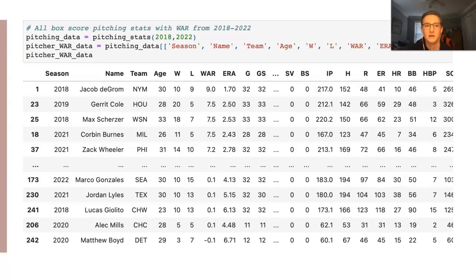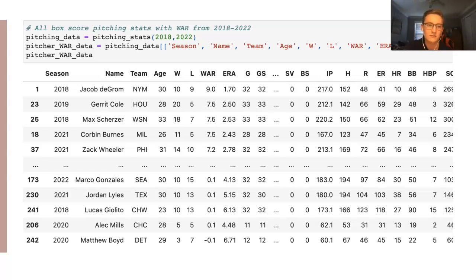First of all, I'm using statistics from the 2018 through 2022 MLB seasons. I grabbed the data from those years and set it into pitching data. I later changed it so that all I got were common box score statistics, nothing too advanced.